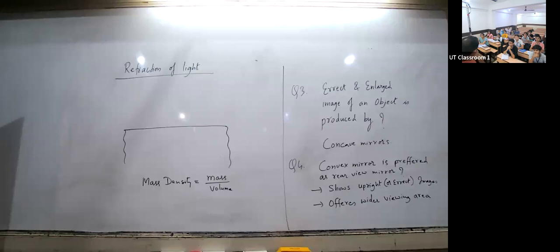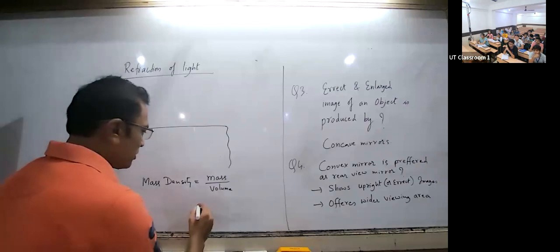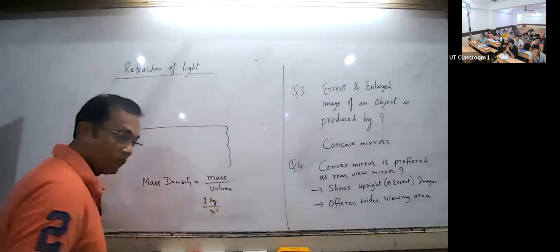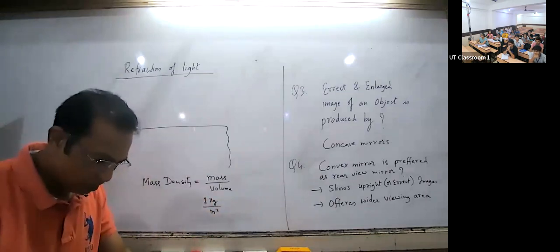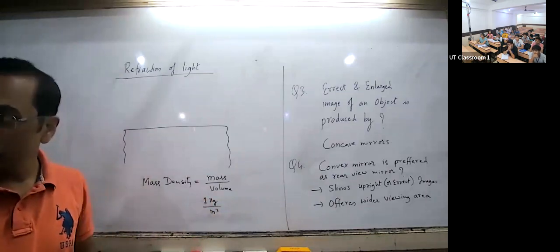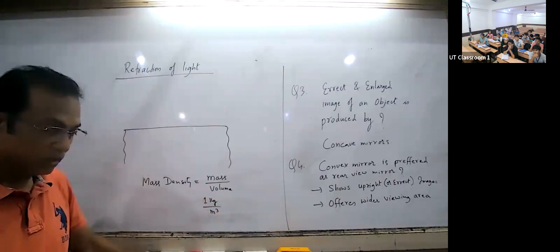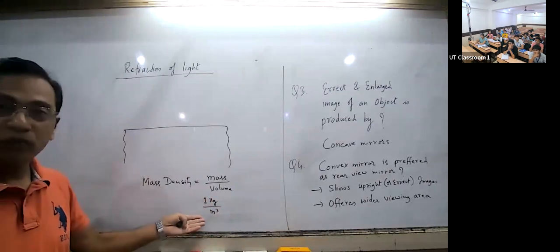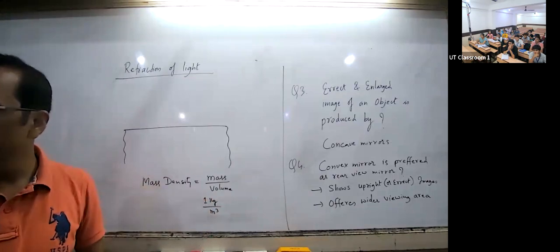So one unit volume is 1 meter cube. In a CGS scale, it is a centimeter cube, let us say. So let us say you have a substance with 1 kg per meter cube. You have a 1 meter box, like cotton. In 1 meter cube, cotton could occupy the whole meter cube and it could be just 1 kg.